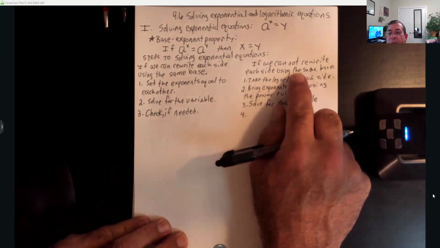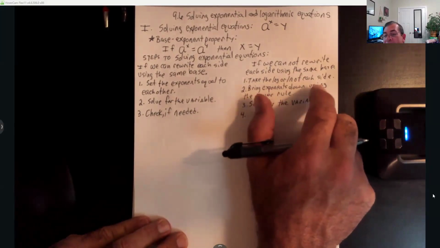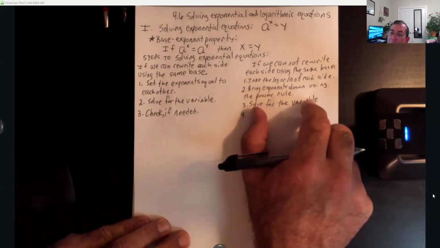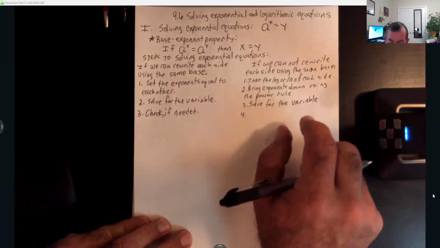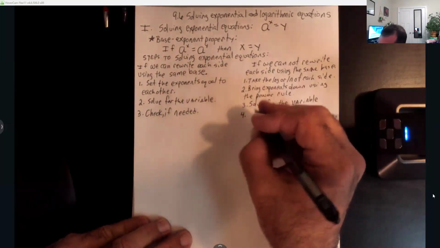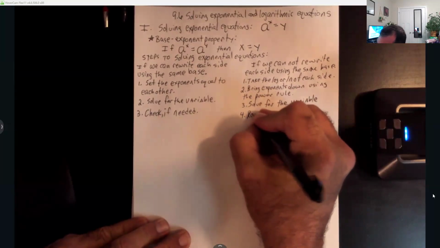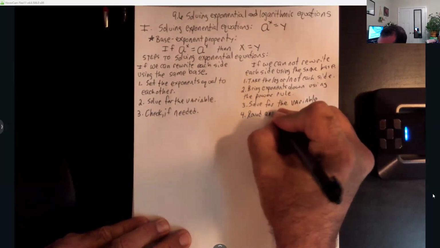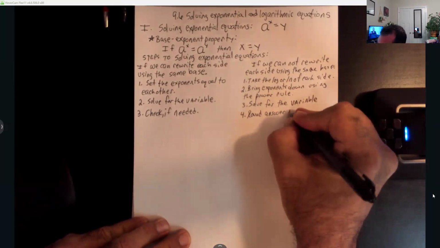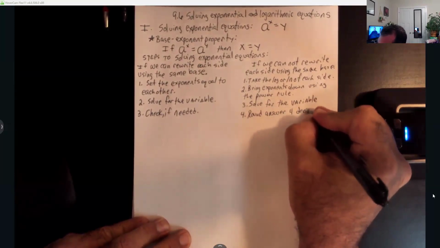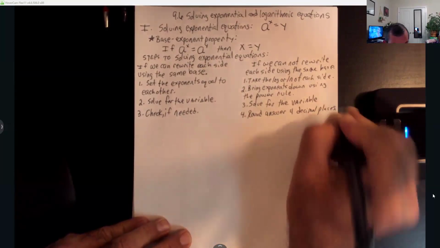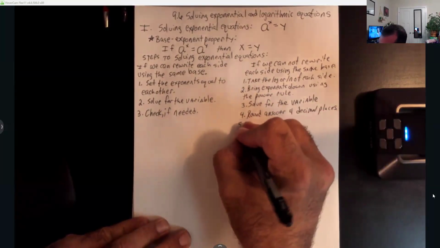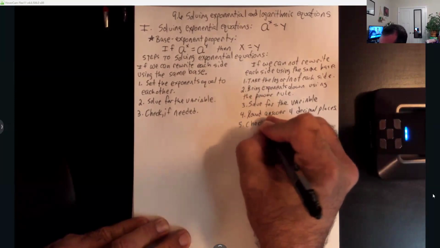Now, if we're not able to rewrite each side using the same base, these are going to have logs or LNs left in the answers. So we're going to round the answer to 4 decimal places. And then y'all finally check answer if needed.